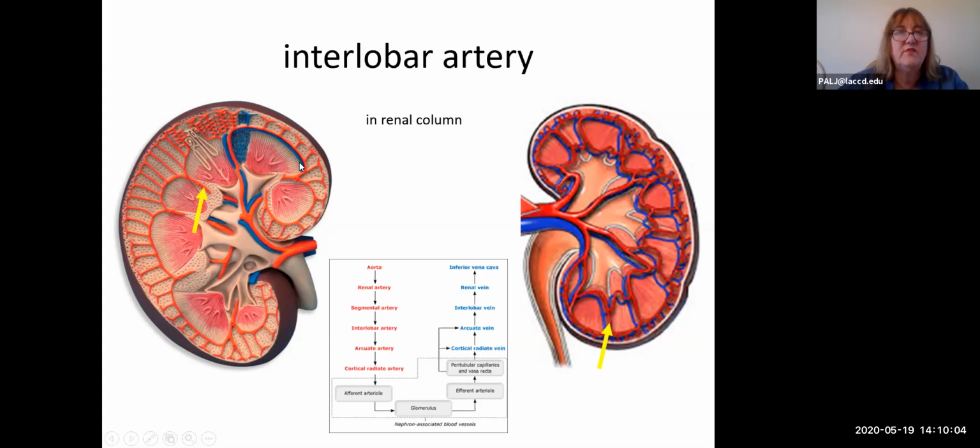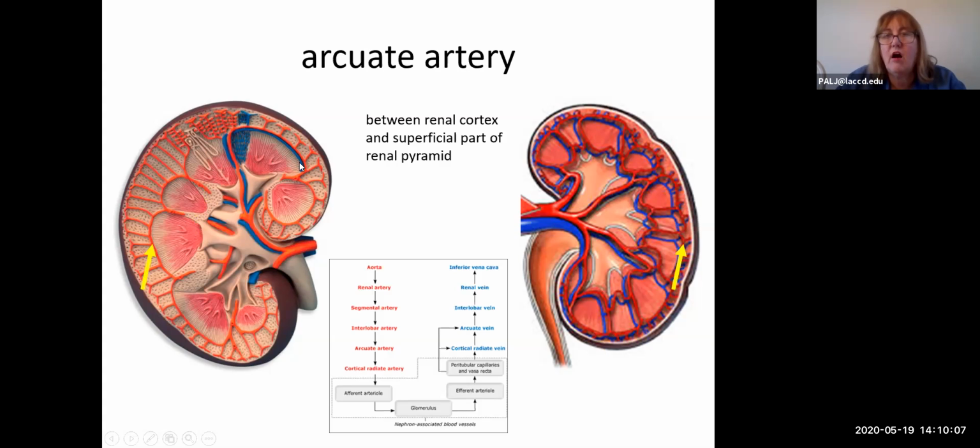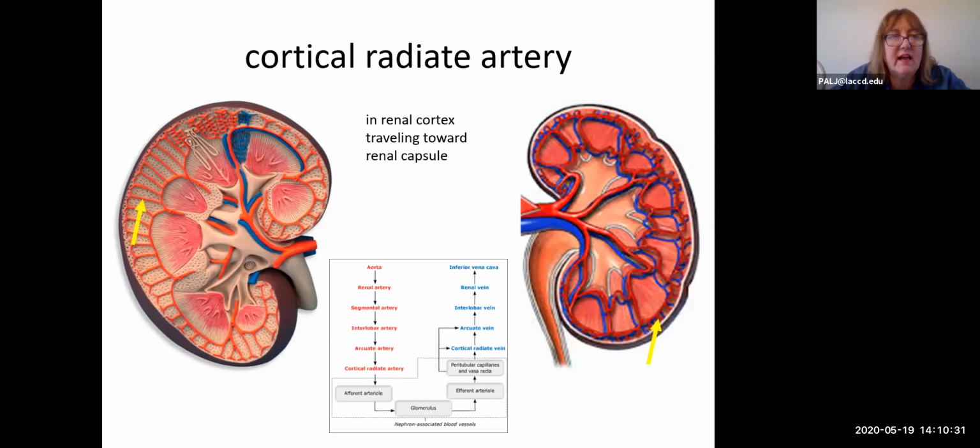This blood vessel is known as the arcuate artery because it's kind of in an arc, forming this arch across the top of each of the renal pyramids. And then extending outward from the arcuate artery, kind of like the rays of the sun, are arteries in the renal cortex known as cortical radiate arteries. These are traveling from the arcuate arteries and aiming outward towards the renal capsule.